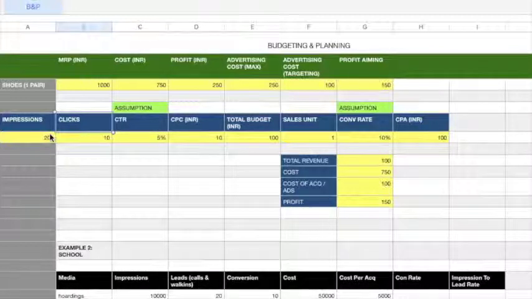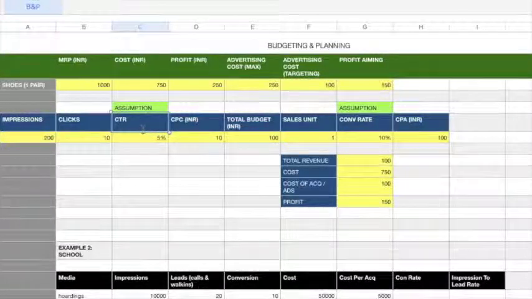Clicks means the number of times people click on your ad after they see it. It's an important metric because clicks can also imply visits to your website. When people click, they are routed to your landing page or the page on which your product is being showcased. So clicks can be taken theoretically as visits also.